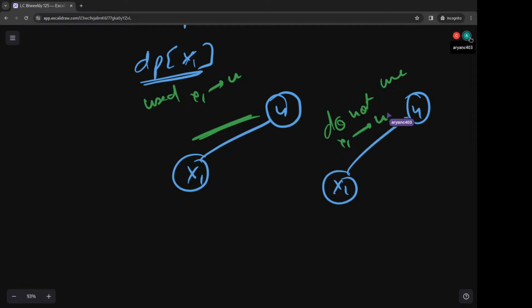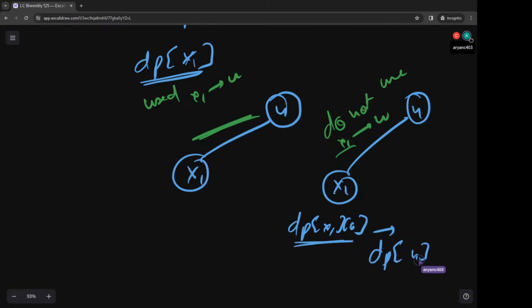If we do not use this edge, then DP x1 0 contributes to DP U 0 and DP x1 1 contributes to DP U 1. And if we use this edge, then the contribution from everything else would be flipped over here.